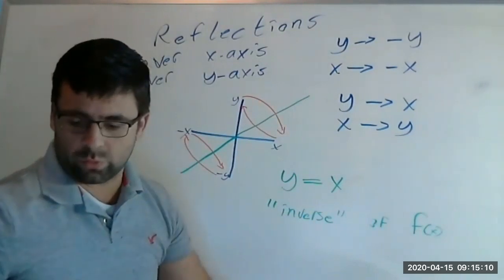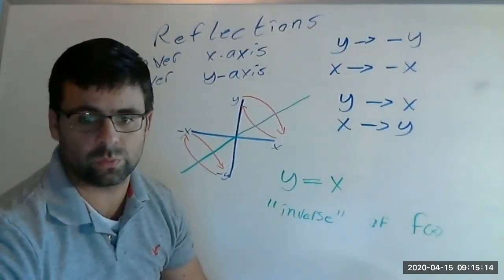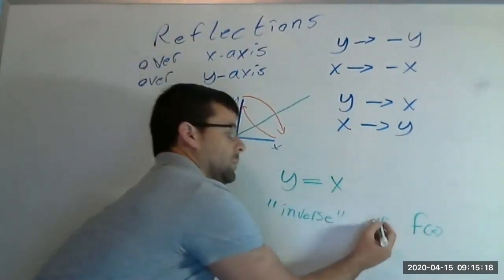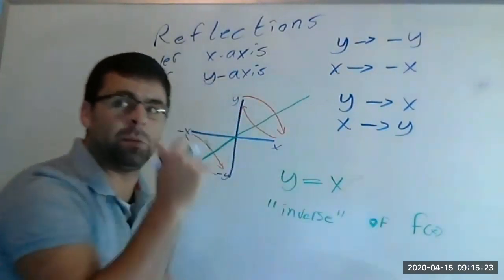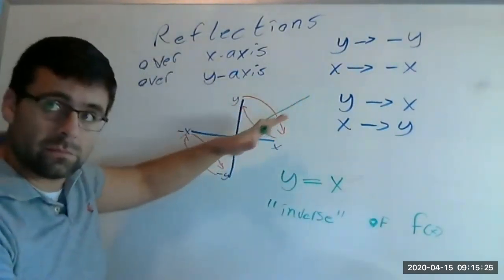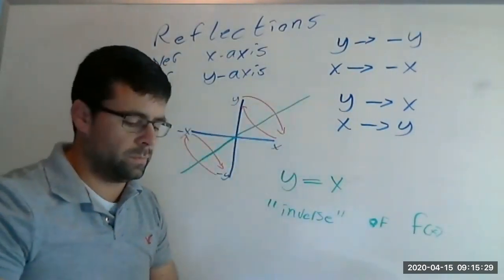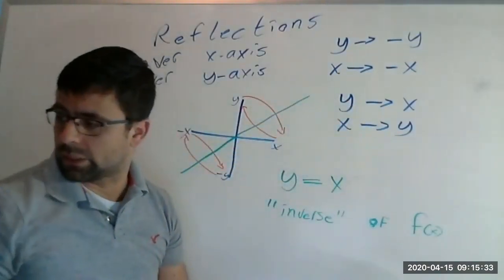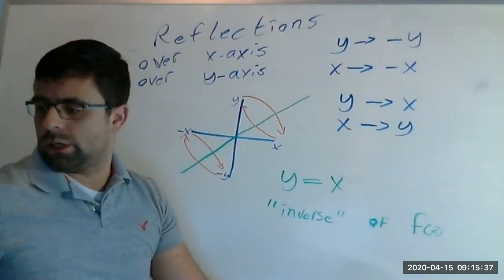So that's one of the things that we are going to talk a little bit more about when we're done with these transformations. But I like to put it in here because it fits nicely. But if you need to mirror it over a diagonal line like that, all you do is you switch the x's and the y's. Okay. So everything's good.